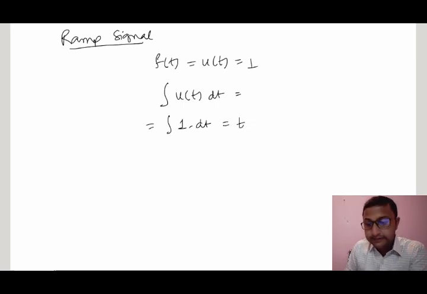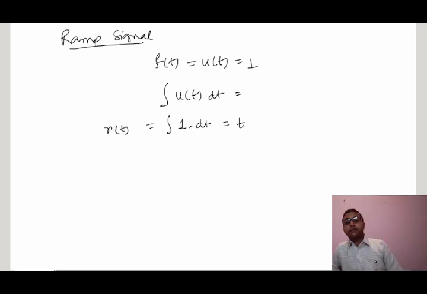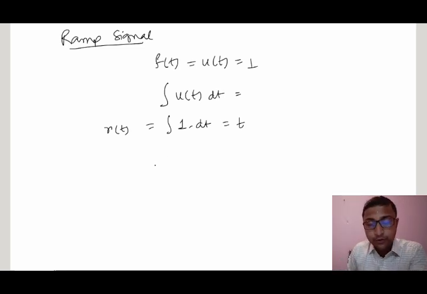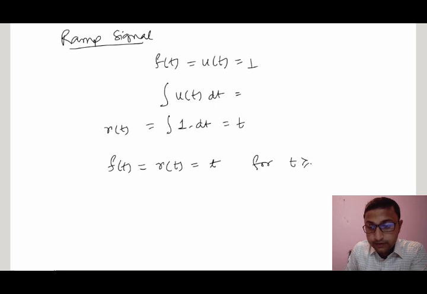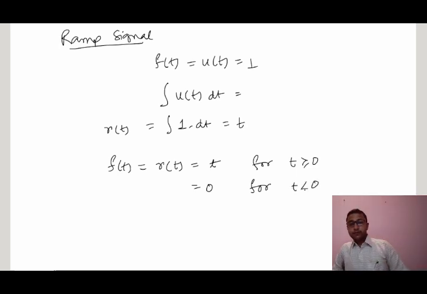So this t is called the ramp signal. It is represented by small r as a function of t. That means the equation of ramp signal is f(t) is equal to r(t), that is equal to t for t greater than or equal to 0, and the value of ramp signal is 0 for t less than 0.